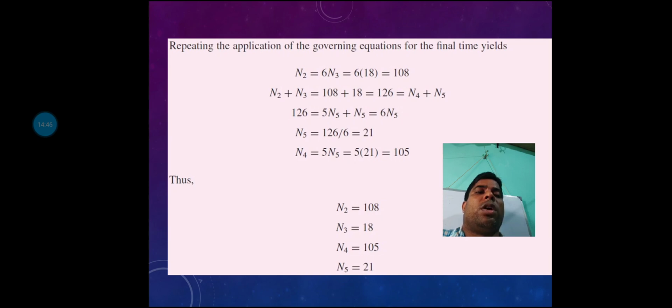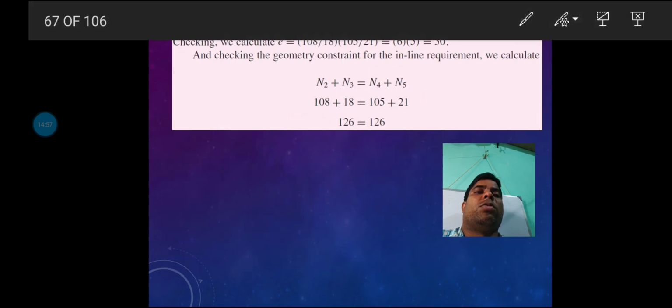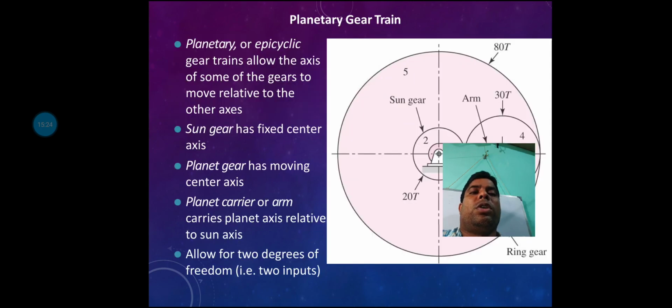So n2 is equal to 108, n3 is equal to 18, n4 is equal to 105, and n5 is equal to 21. Checking all the values: 108 by 18 is 6, and 105 by 21 is 5, and 6 into 5 means 30. And now n2 plus n3 is equal to n4 plus n5, that means 108 plus 18 is equal to 105 plus 21, that means 126, and that is also 126. That means the governing equation is fully applied.